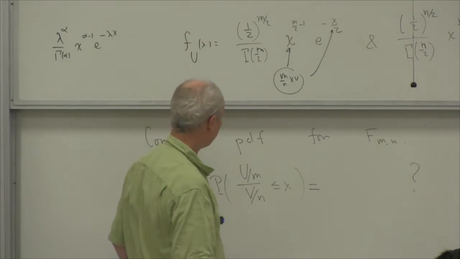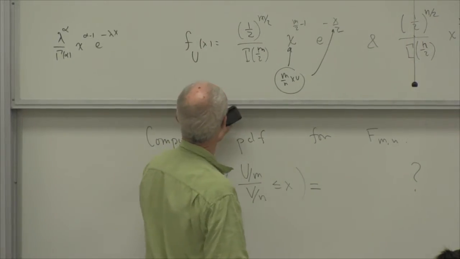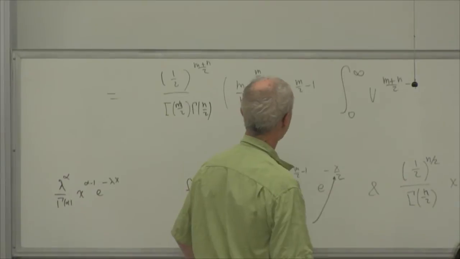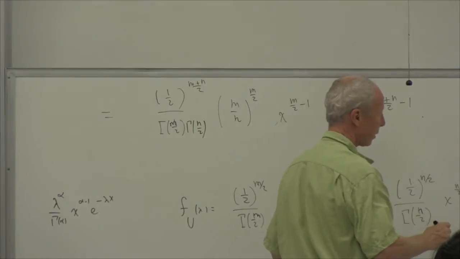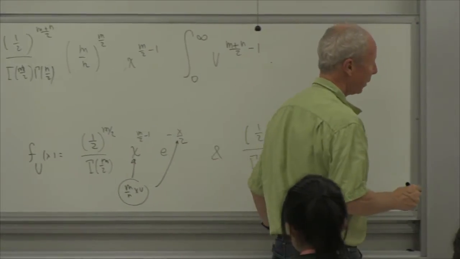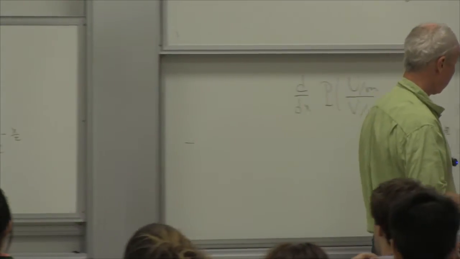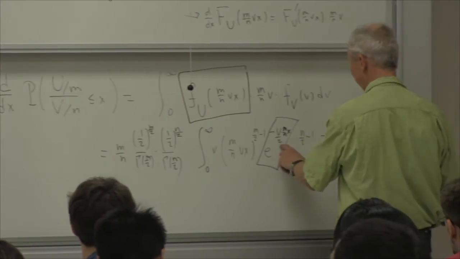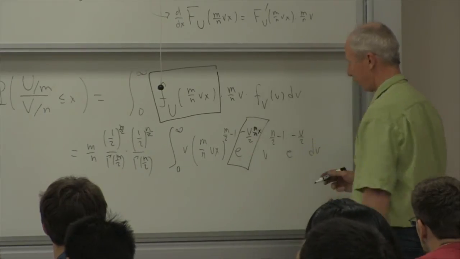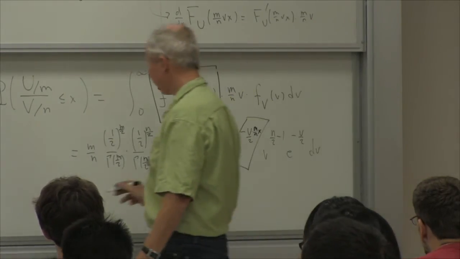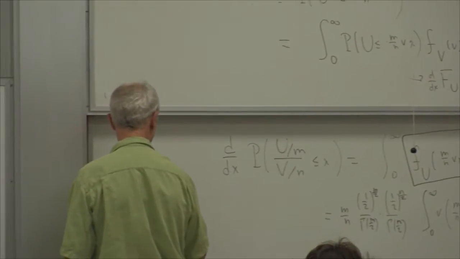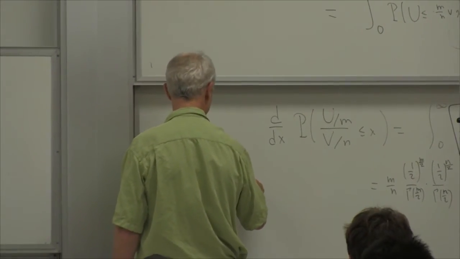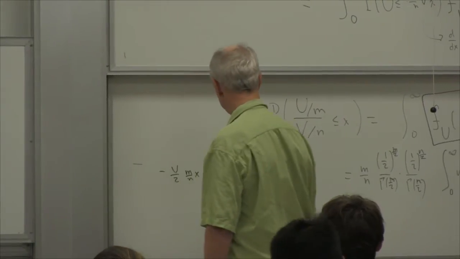Okay, so that'll show up when I do the exponents. I have an e to the minus v over 2, and then this. So if I add the exponents, I'll add minus v over 2 m over n x, and minus v over 2. I can factor out the minus v over 2.